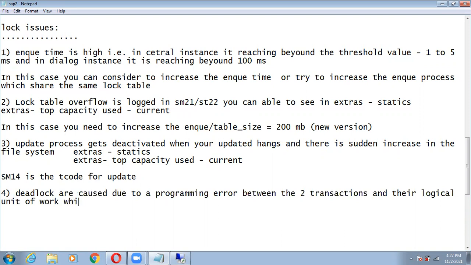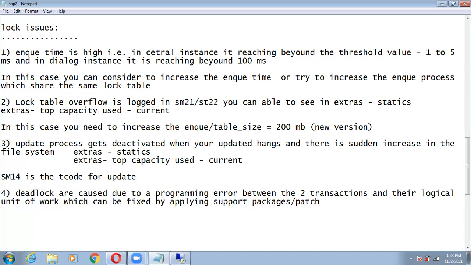While you apply the logical unit of work, it can be fixed by applying support packages, or you can say a patch.